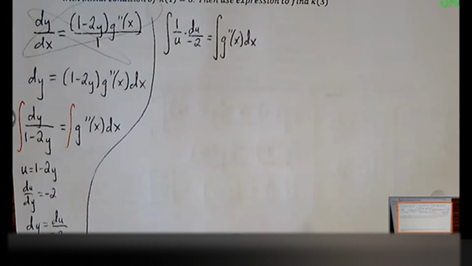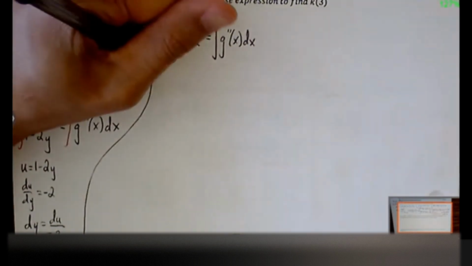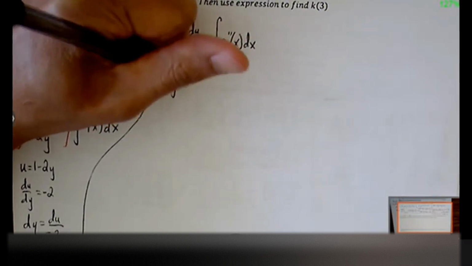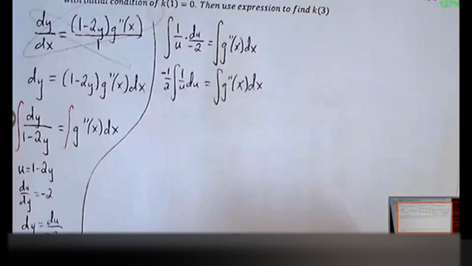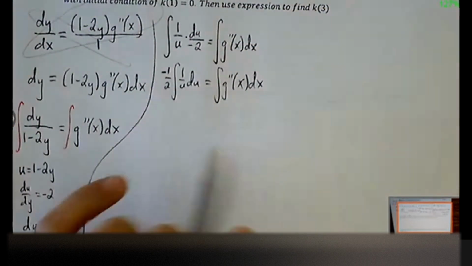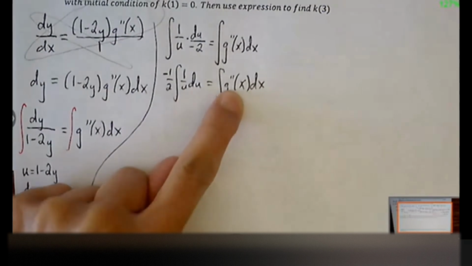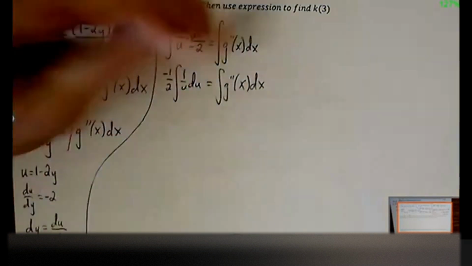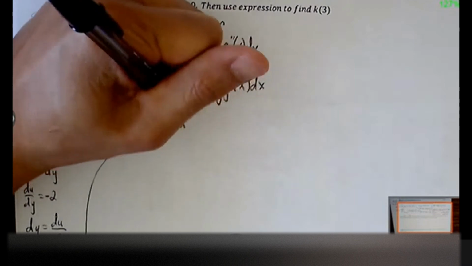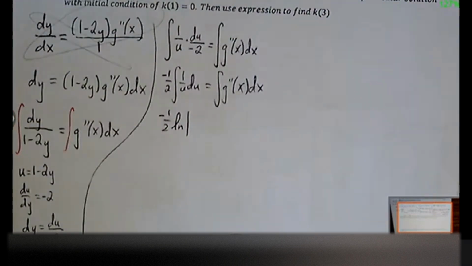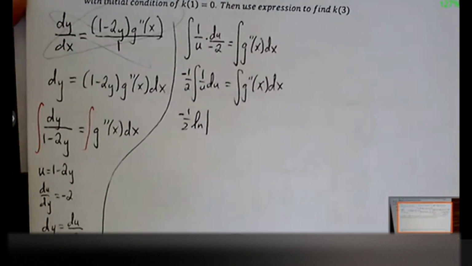Okay, a little bit of cleanup. Natural log on the left, integral of g double prime on the right. Replace the u back in terms of x, or sorry, in terms of y.